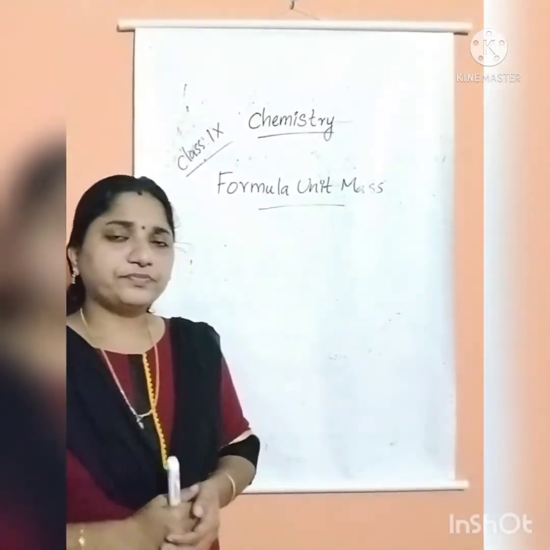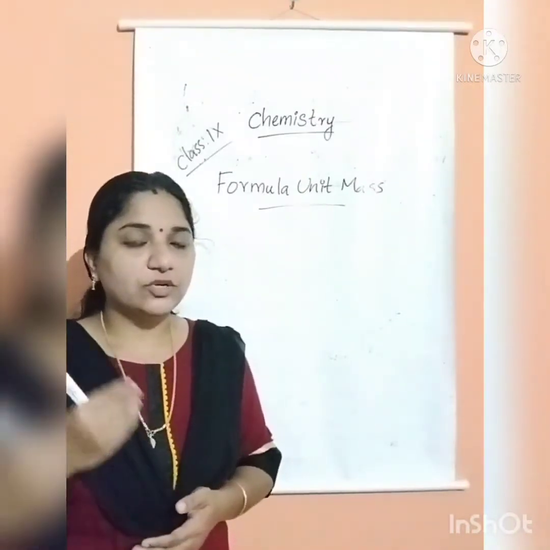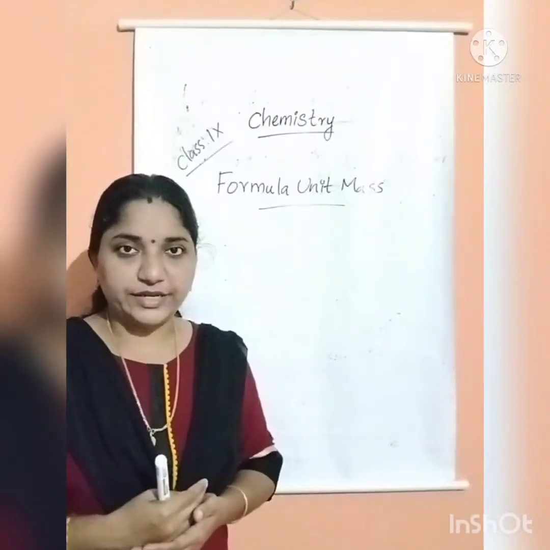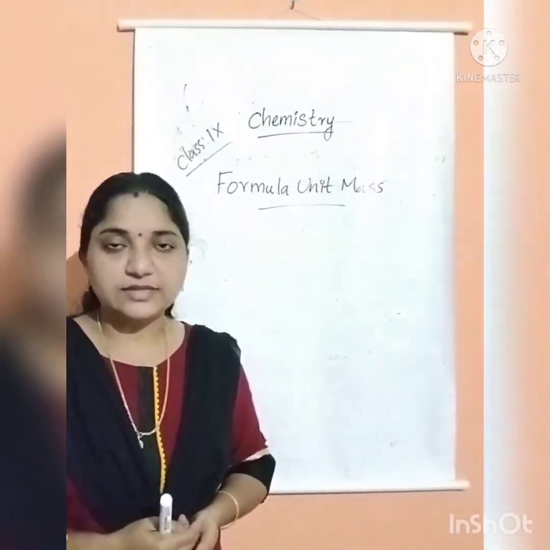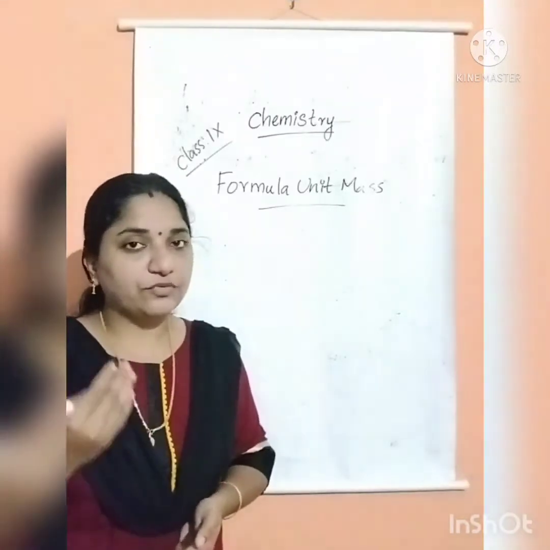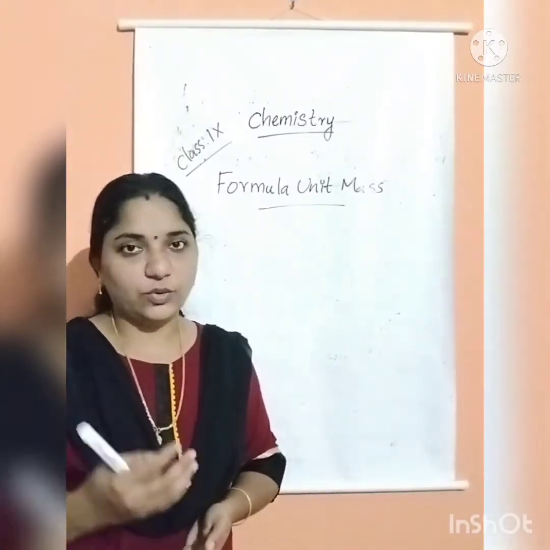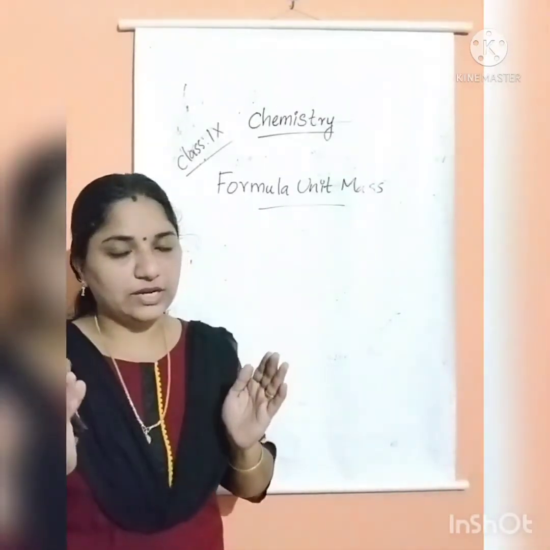We calculate molecular mass as the total sum of the atomic masses of all the atoms present in a compound. In the same way, formula unit mass is also the sum of the atomic masses of all atoms present in the compound. The only difference is the words formula unit and molecular mass.